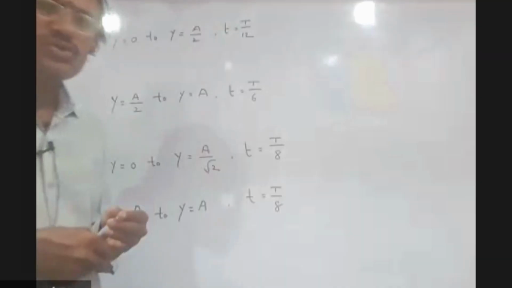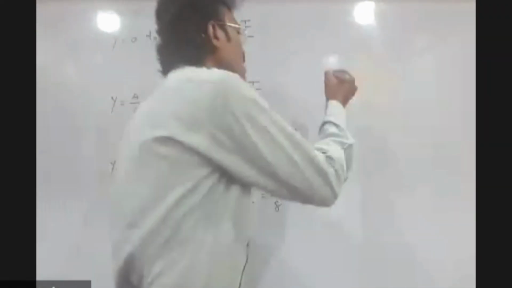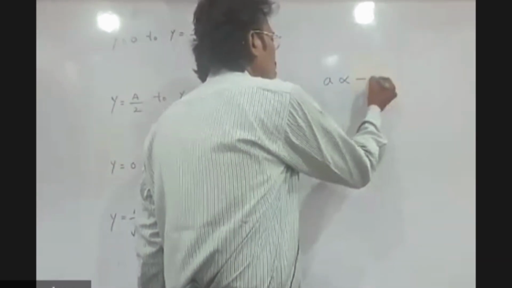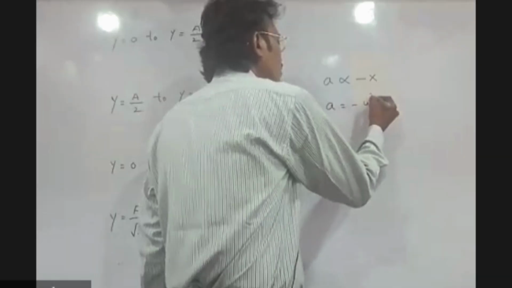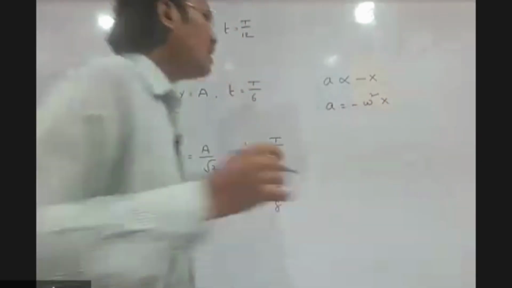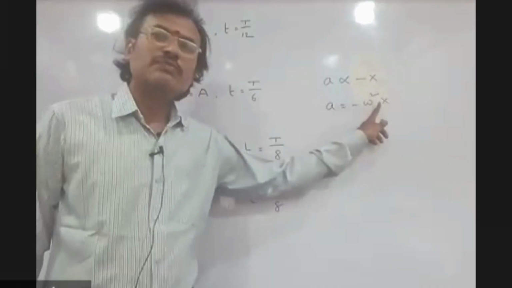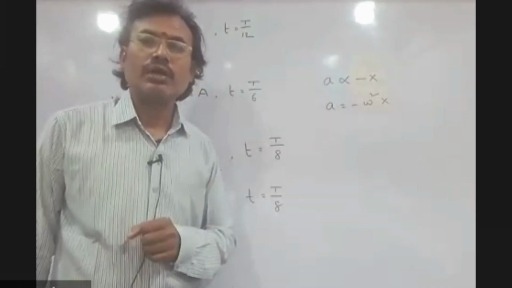So simply, if a particle is in simple harmonic motion, it has to obey a proportional to minus x, and a is equal to minus omega square x. There, minus indicates the acceleration and the displacement are in opposite directions. Getting, ma?